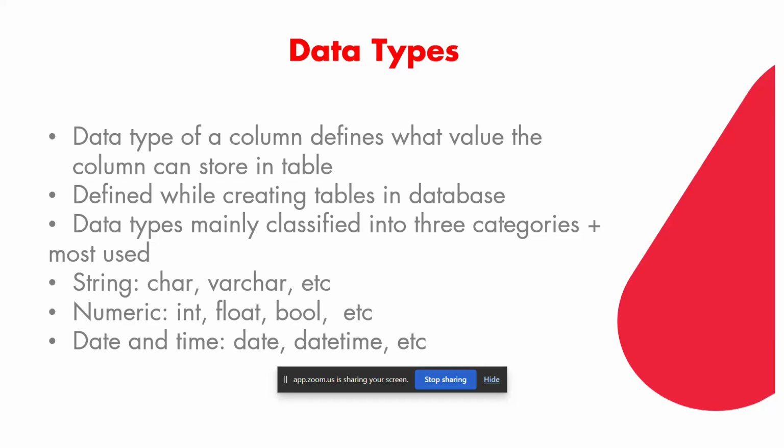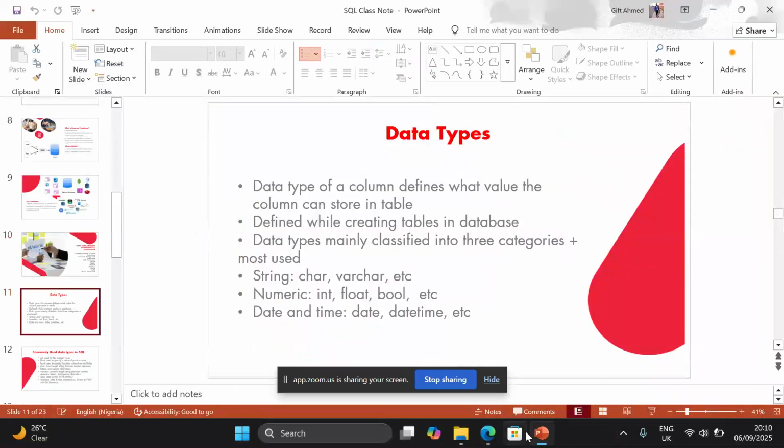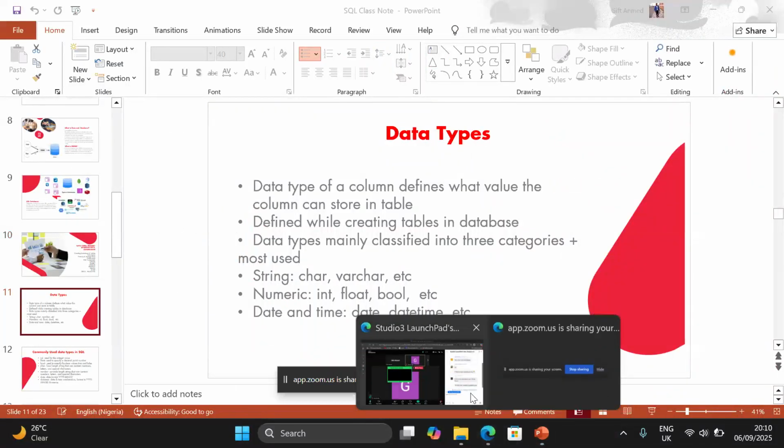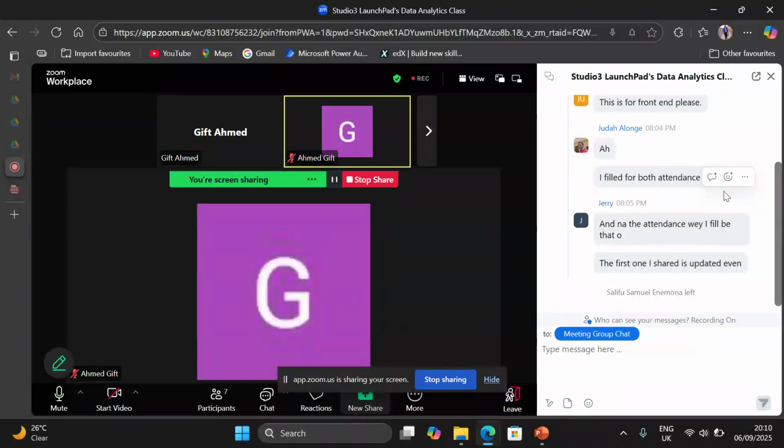Or what do you even understand as a data type? I'm sure this is not the first time you are hearing it. I need somebody to talk before I proceed. I want to engage us. I've been the only one talking since, so let's talk. Anybody? I have a sweet for the person.